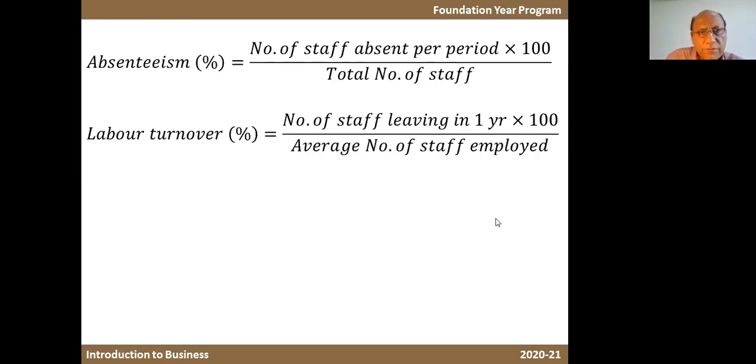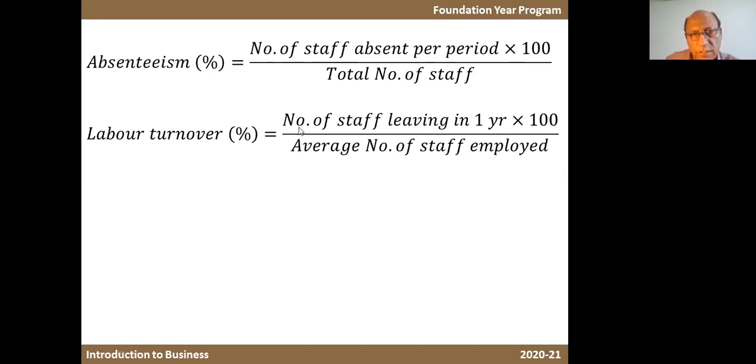So next one is absentee rate: number of staff absent per period, where the period may be 1 week or 1 month, divided by total staff, multiplied by 100 for the percentage.